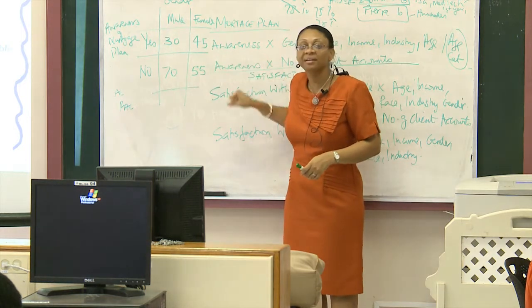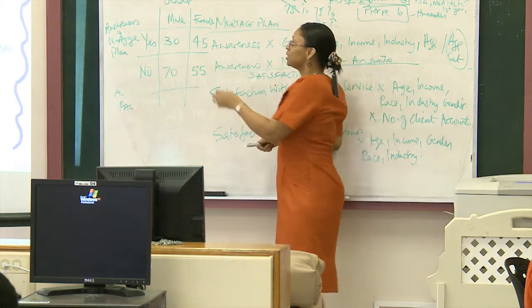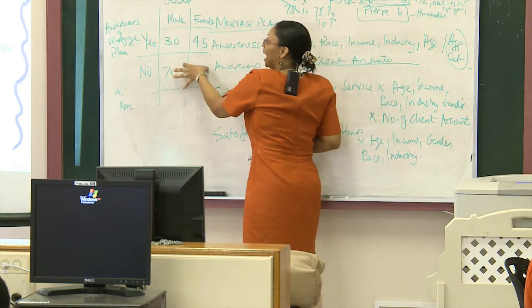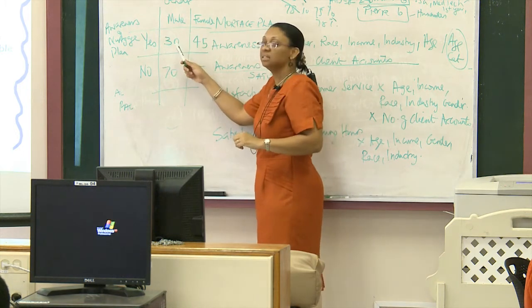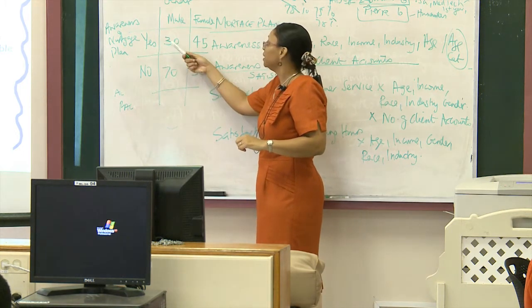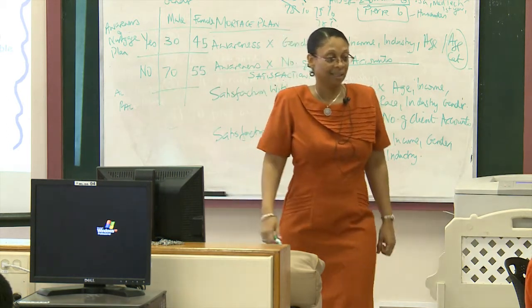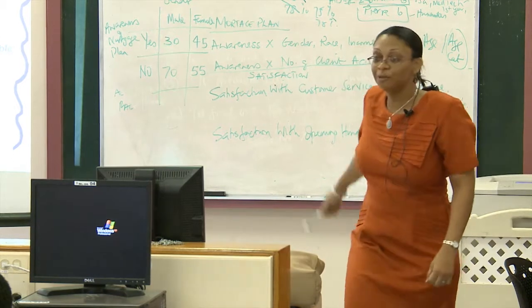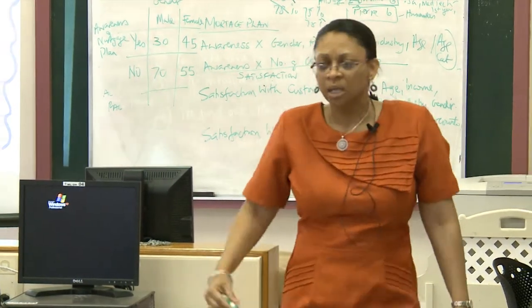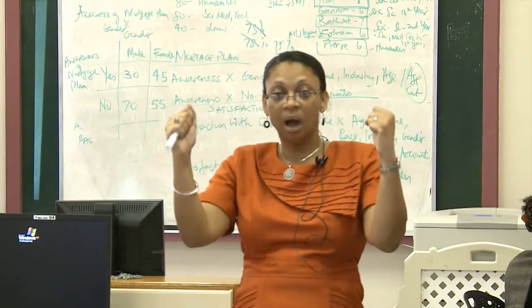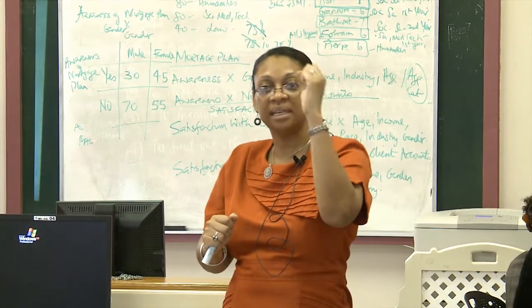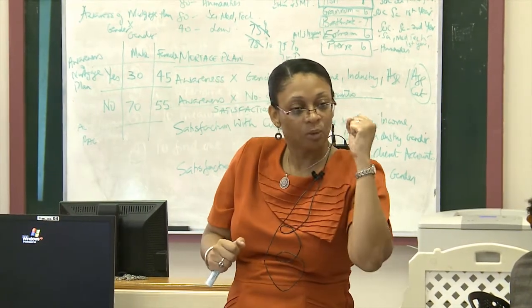The chi-square goes into these boxes and looks to see if there's a statistically significant difference between, say, the 30 and 45, or between the 70 and 55. That is all the crosstab does. The crosstab sets up the blocks. What percentage of the men said yes? What percent of the women said yes? What percent of the women said no?